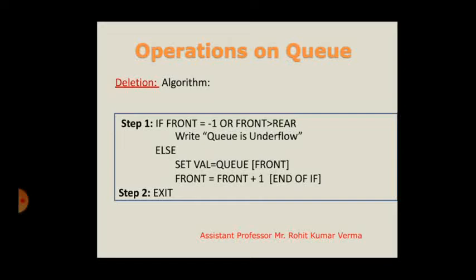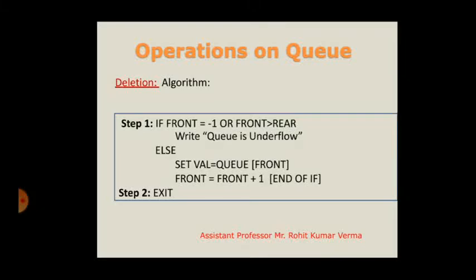Now we are covering the deletion operation. Dear students, in case of deletion operation, you have to focus on the front pointer. In our first condition you check if the queue is empty or not. Suppose our queue is empty, that means there is no element inside the queue.